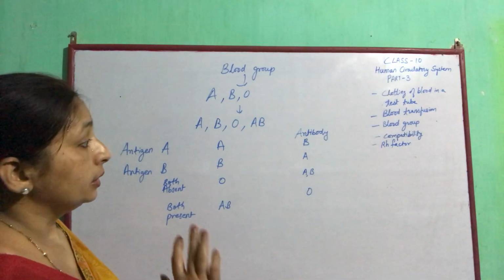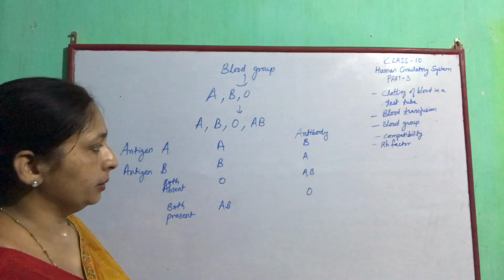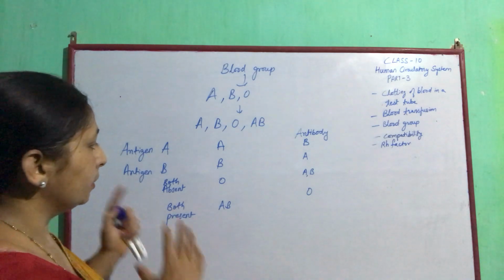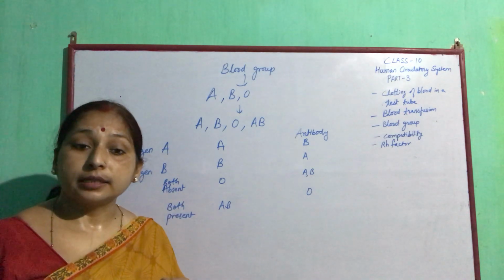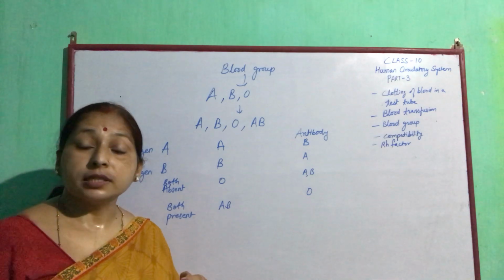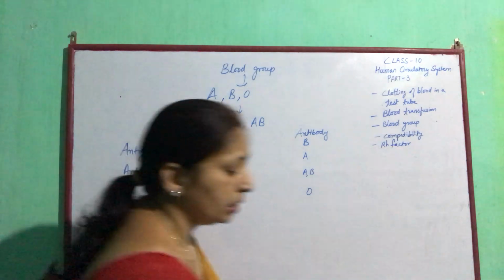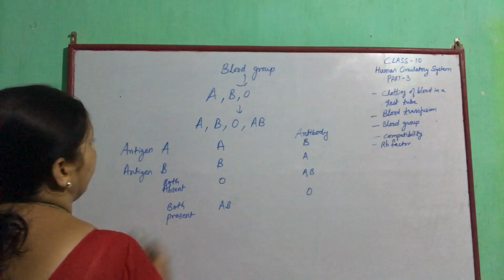And now the term is compatibility. Compatibility: which blood group would act as a donor, which would act as a recipient, universal donor, universal recipient. So let's write the compatibility.